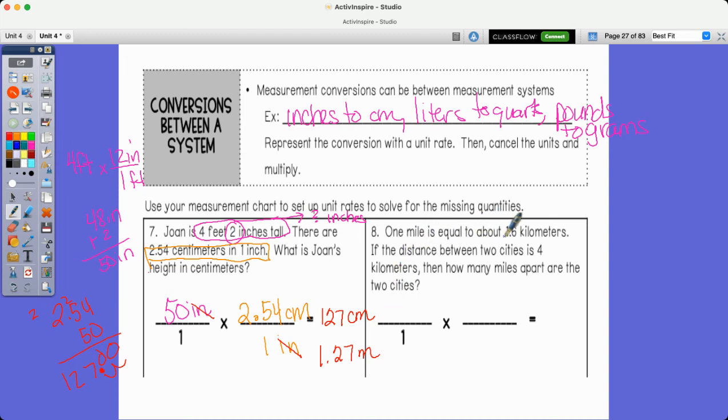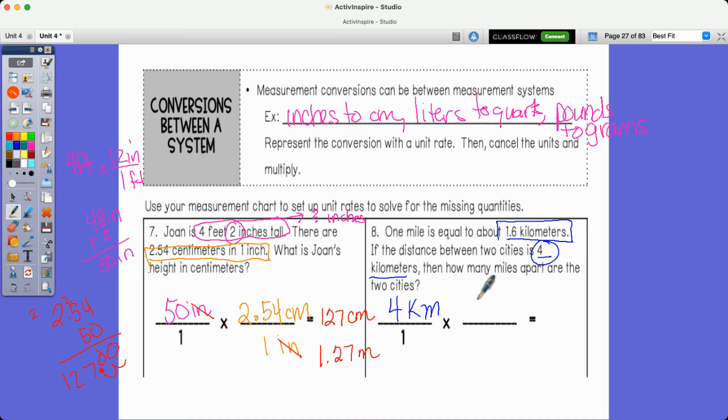Okay, 1 mile is equal to about 1.6 kilometers. If the distance between 2 cities is 4 kilometers, how many miles apart are the 2 cities? Well, this is what I'm starting with, 4 kilometers. We put this here. And the distance is about 1.6 kilometers per mile.